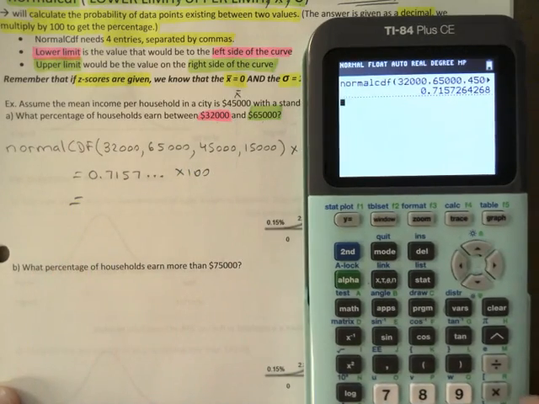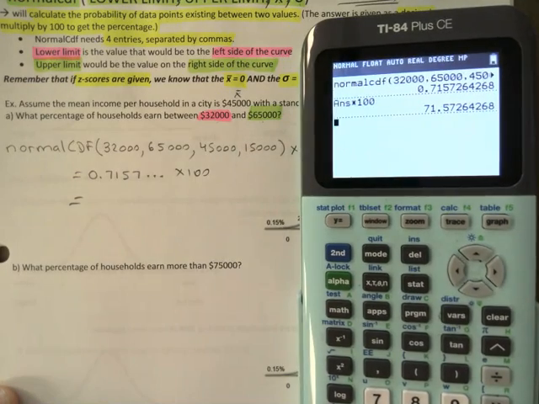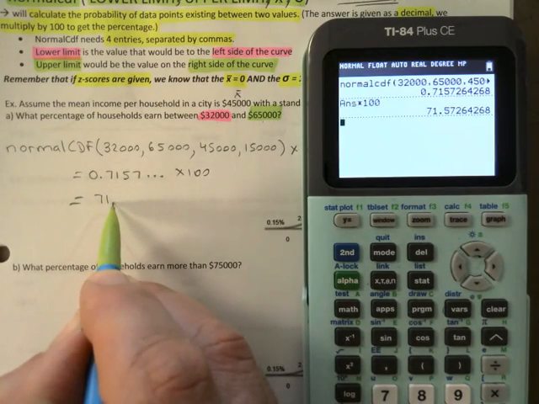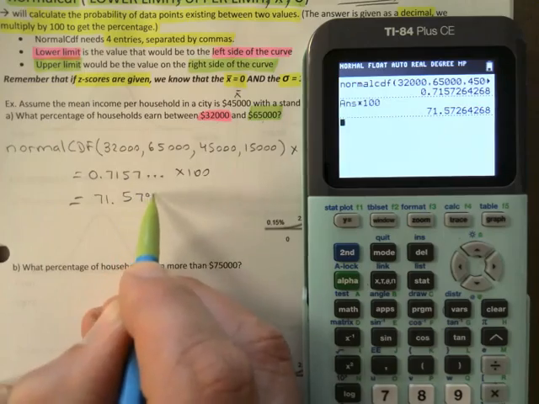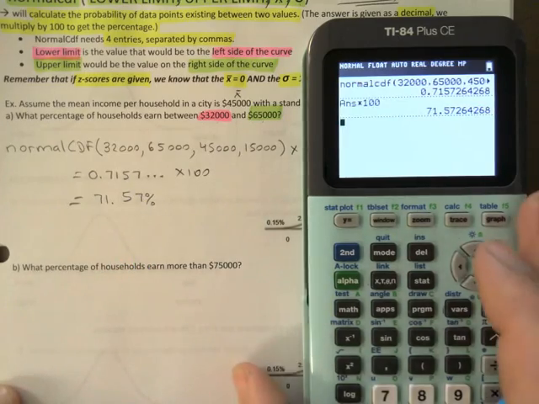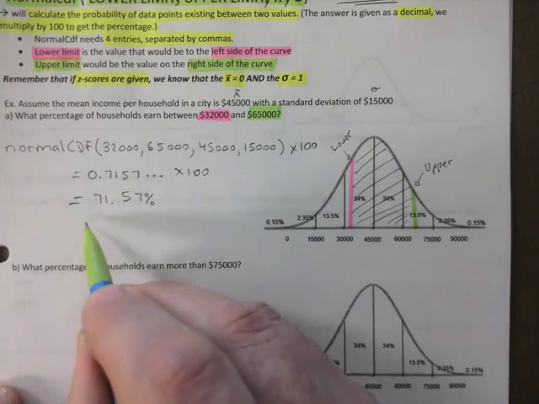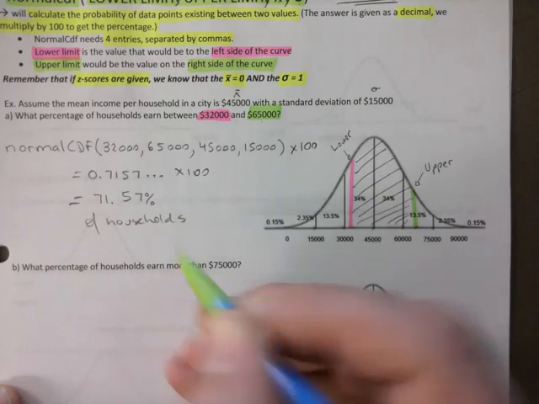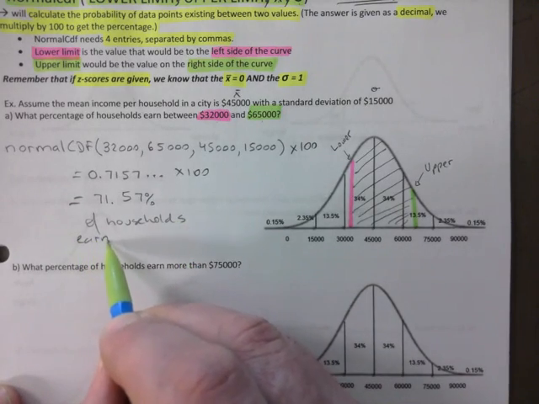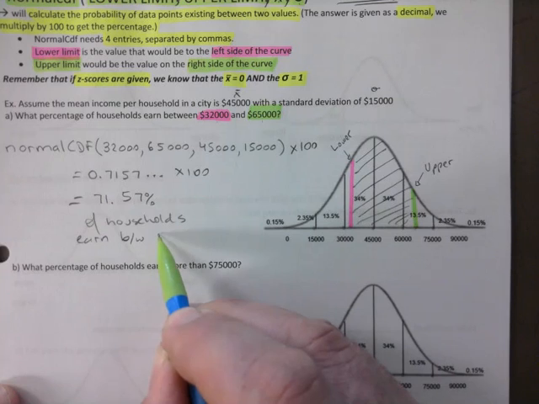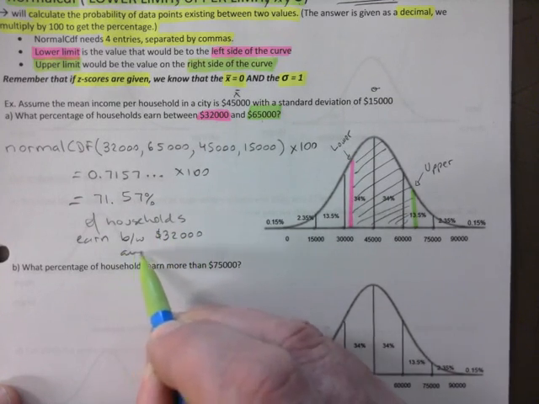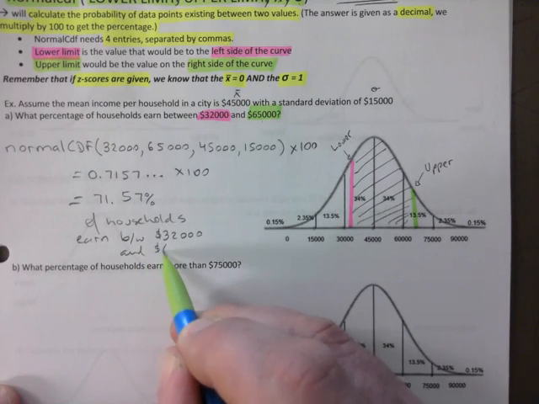Leave that on your screen and just multiply your answer by 100, and there you have the percentage. 71.57% of households earn between $32,000 and $65,000.